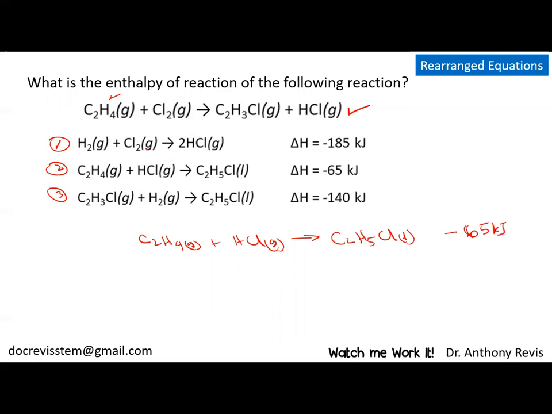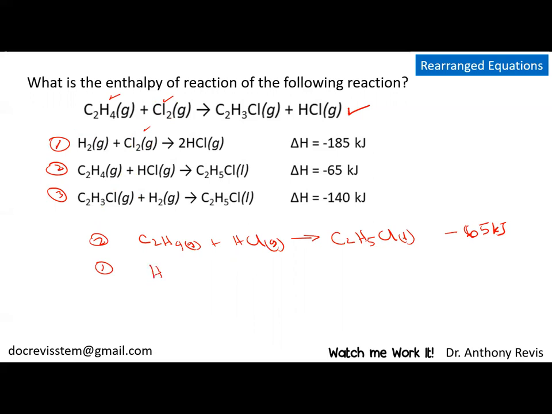And then I'm going to look for my next material here. And I see I have chlorine on the left side. So since I have chlorine on the left, I'm going to pick equation number 1. This is equation number 2 rewritten. I'm going to pick number 1 because I see chlorine on the left side right here and right here. So I know that equation I'm not going to have to rearrange.